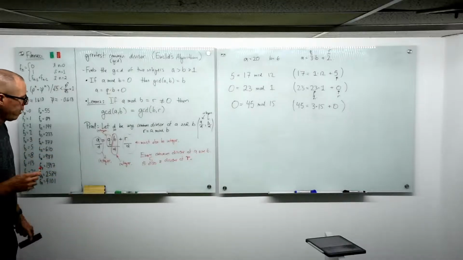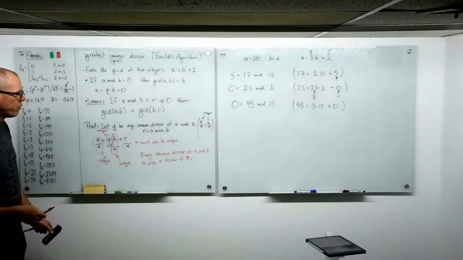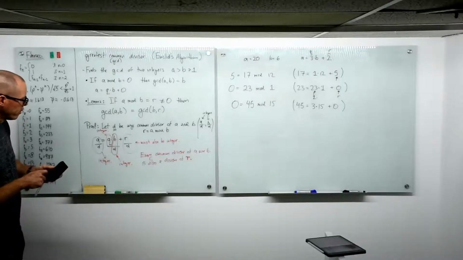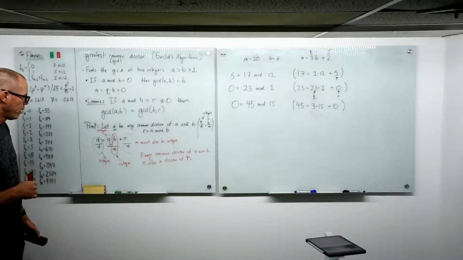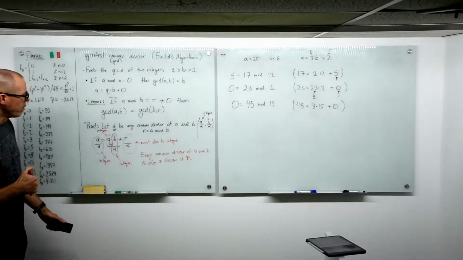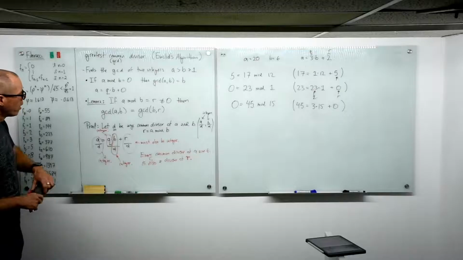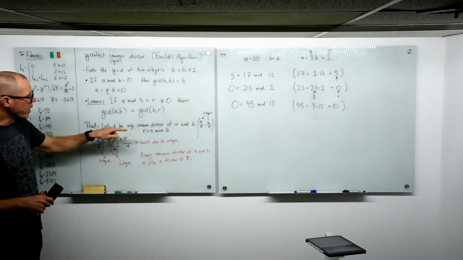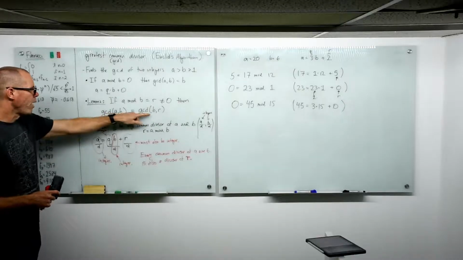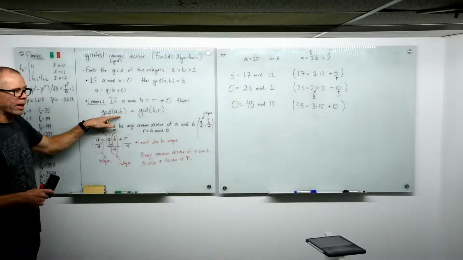And that holds also for every divisor, so it holds for the greatest common divisor. Okay. So what you get then is that every divisor, including the greatest common divisor, is also a divisor of R. So the greatest common divisor on the right-hand side is the same as the one on the left-hand side.